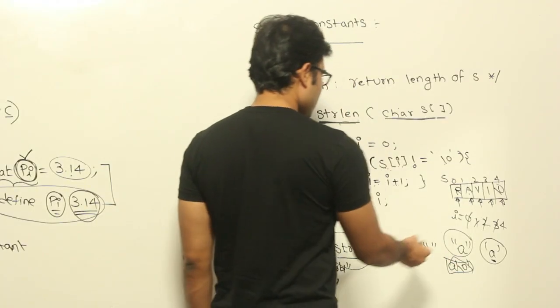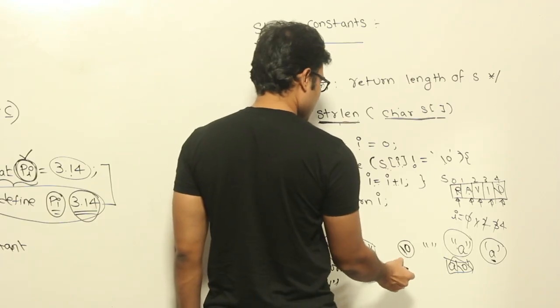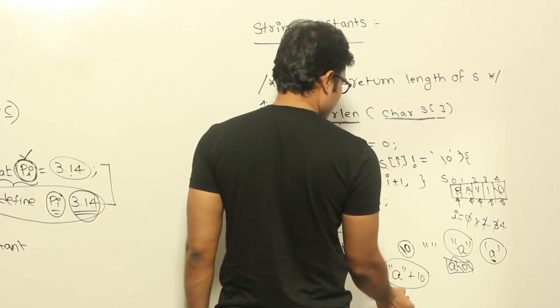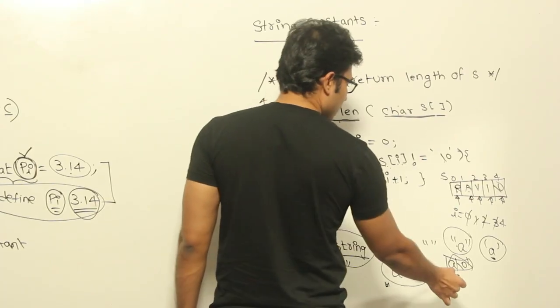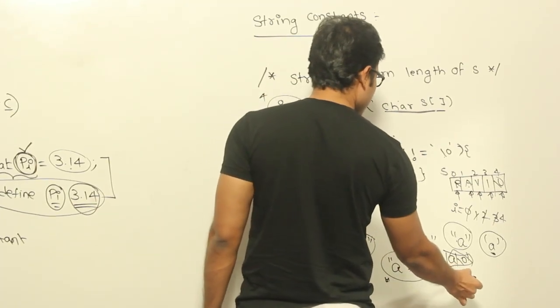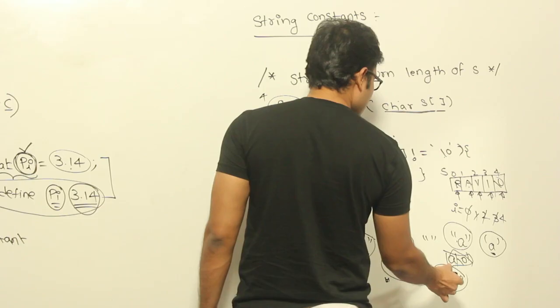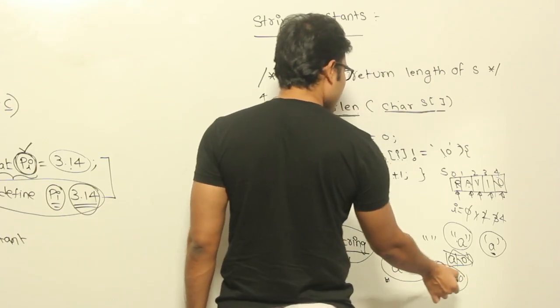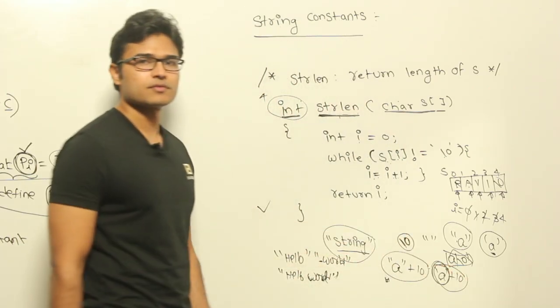Now what I mean to say is, you cannot use "a" plus 10, it will give you an error. But you can use 'a' plus 10, where this will be replaced by the ASCII value of a in the ASCII set. Okay.